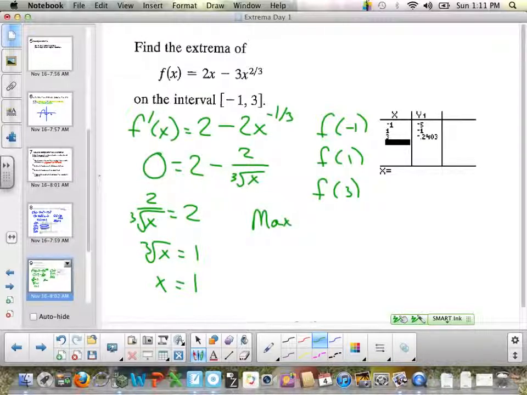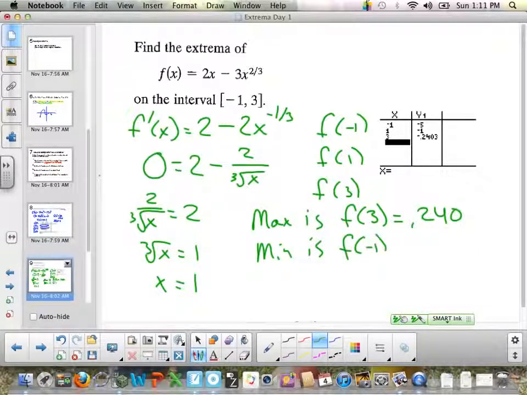Our max is at 3, and it's -0.240. And our min is at -1, and it's -5.